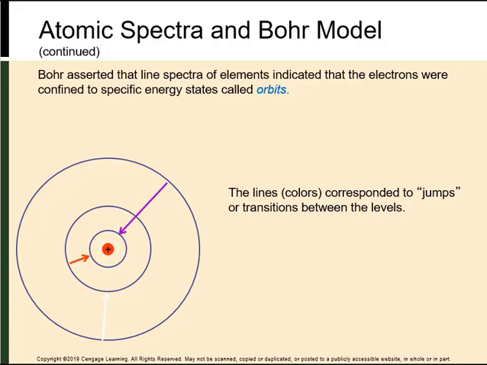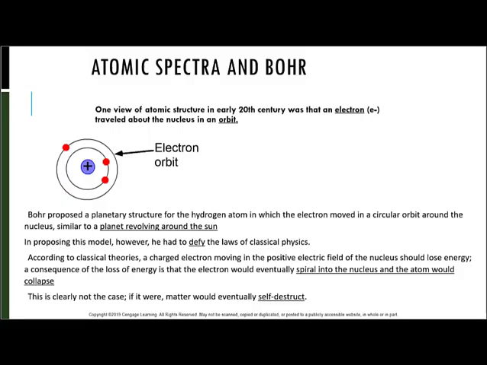color, and so on. So back early in the 20th century, the Danish physicist Niels Bohr proposed a model for the electronic structure of atoms, and with it, an explanation for the emission spectra of excited atoms. Bohr proposed a planetary structure for the hydrogen atom, in which the electron moved in a circular orbit around the nucleus, similar to a planet revolving around the sun, like those last pictures.